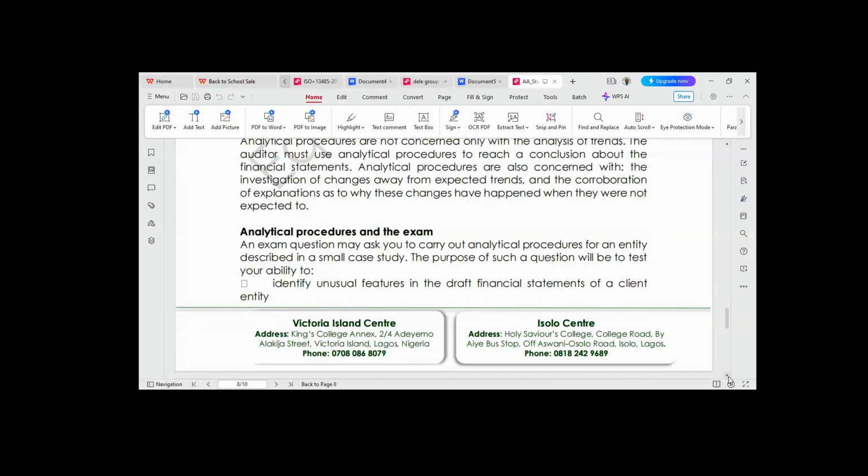So in an exam, like I said, this topic we are discussing is a likely examinable area, and most students do not like this area. You can see that it's more practical than other ones that we have talked about. You need to be practical with this to be able to make meaning to the students.